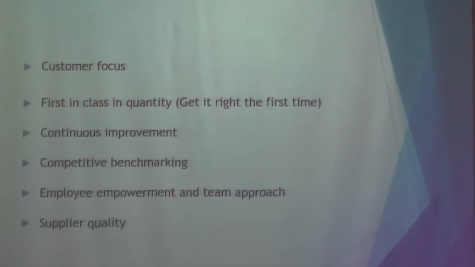Employee empowerment and team approach is where every department works to a common goal. I'll give you one example now. Guys, if you move into a fast food restaurant such as Pizza Hut, from the point where you park the car, the security guard would tell you where you need to park the car, and he would smile with you. The person who opens the door greets you.